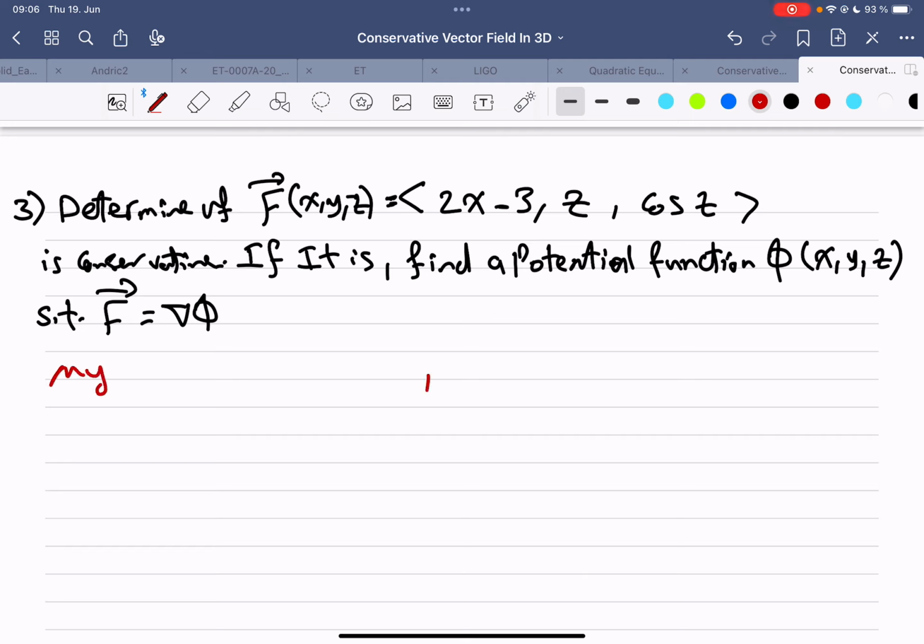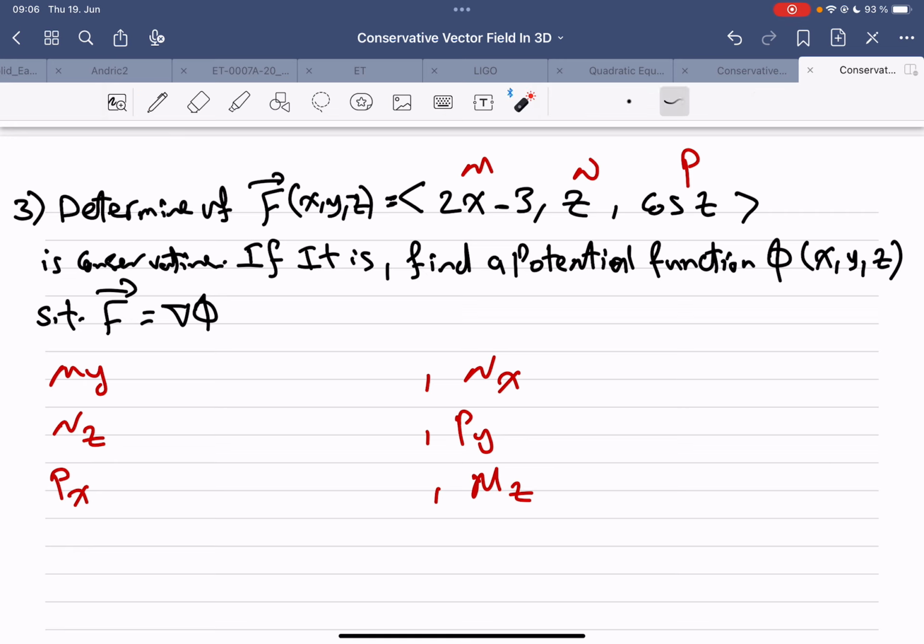M y, N x, N z, P y, P x, M z. M y, first this m and this n and this p. M y, we will differentiate this with respect to y, so it will give you 0.